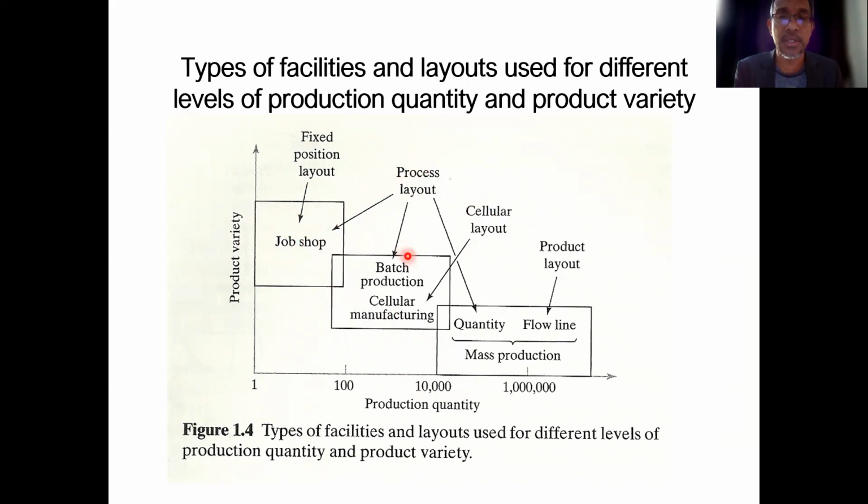In the medium product variety, 100 up to 10,000, we call it medium production, and then we use cellular manufacturing or batch production. This one is also process layout or cellular layout, like you shared just now. But for the higher production, we have mass production for quantities of 10,000 up to million. So we focus based on product or process flow, flow line. So this is mass production.